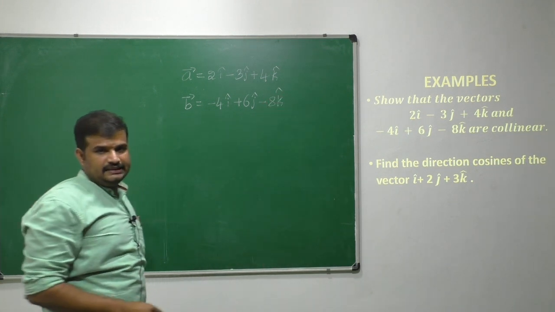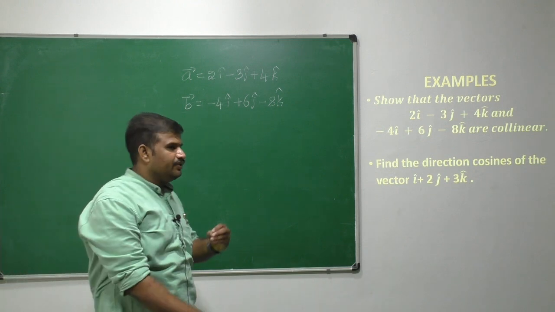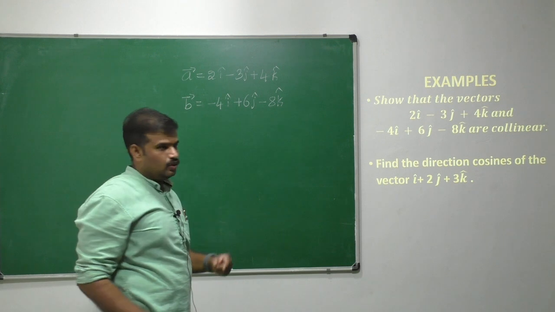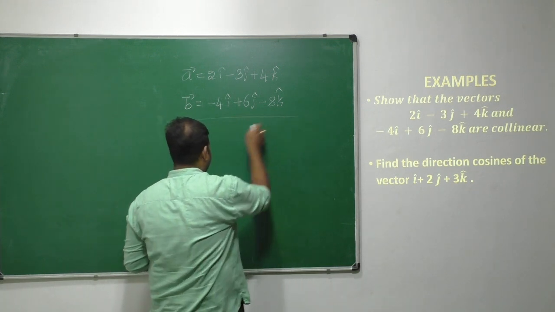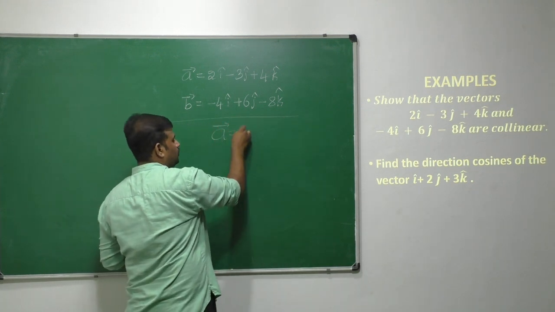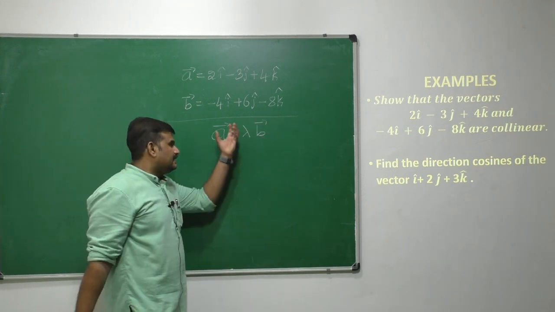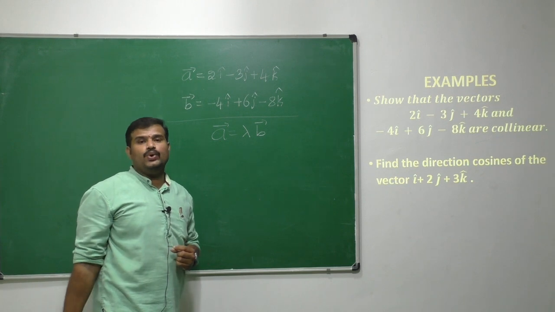So we have to show that these two are collinear. We know two vectors A and B are collinear if and only if vector A is equal to lambda into vector B, or the scalar components are proportional.